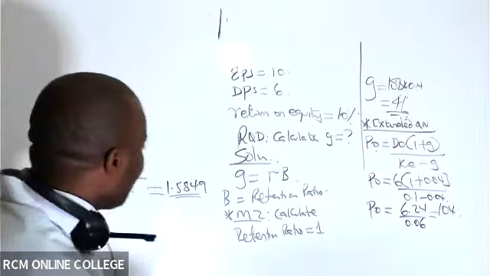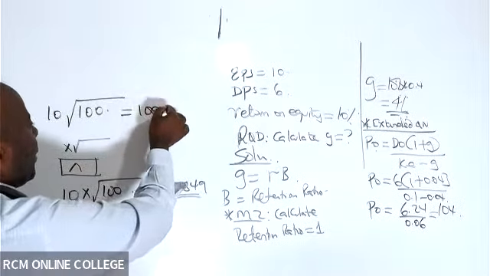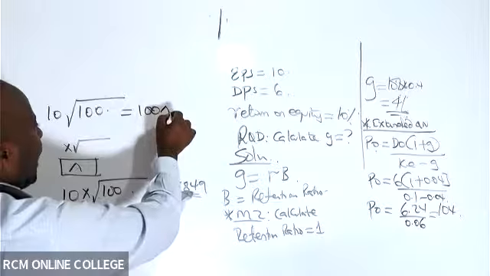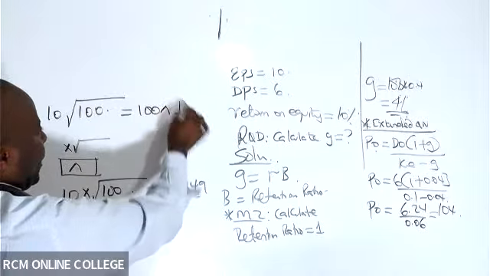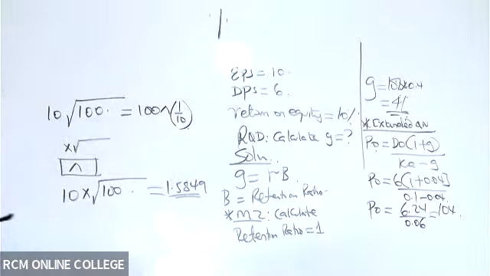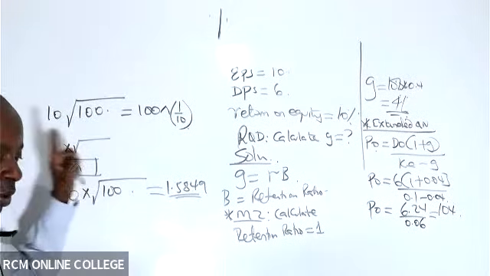If you don't like this method, it will be the same as 100 raised to what, somebody? Raised to 1 over 10. If you don't like this extra thing, you can say 100 and press raised to directly, 1 over 10.